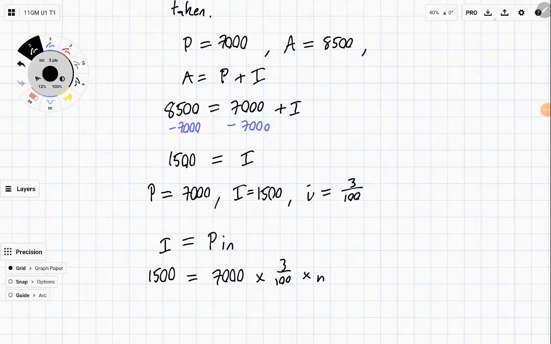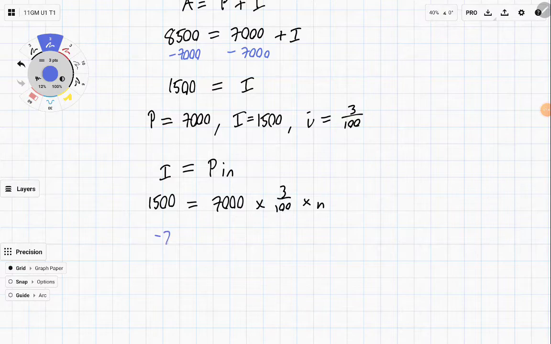Opposite of times is divide, so let's divide both sides by 7,000. Alrighty, so we've got 1,500 divided by 7,000 on the left-hand side.